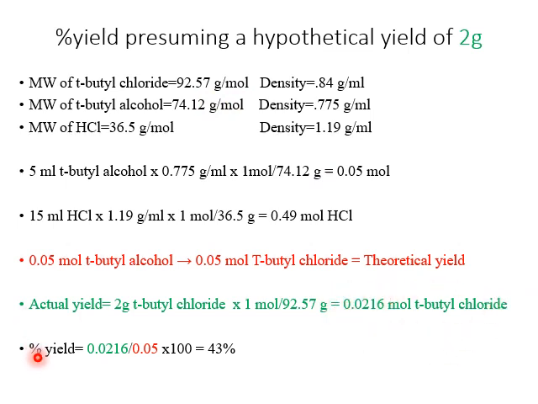So then your percent yield is what you got in moles divided by the moles that you should have gotten, right? Wait, no, sorry. It's 1:1, right? So 0.05 is the number of moles that you should expect. So then your percent yield is 43%.